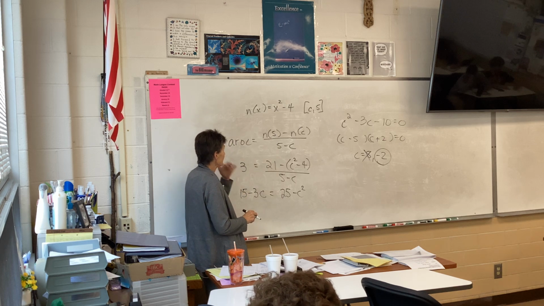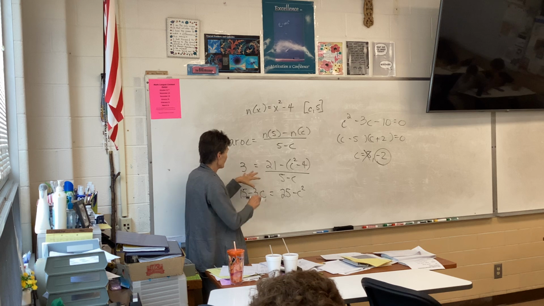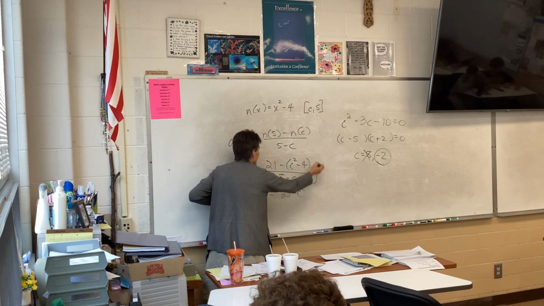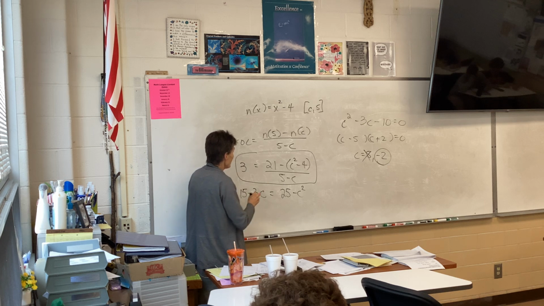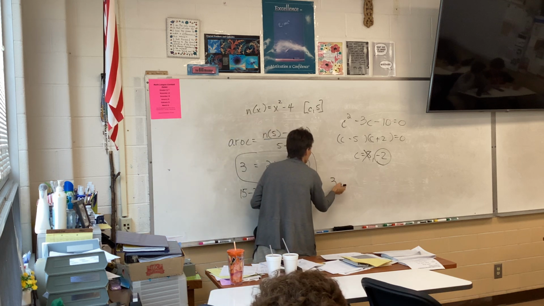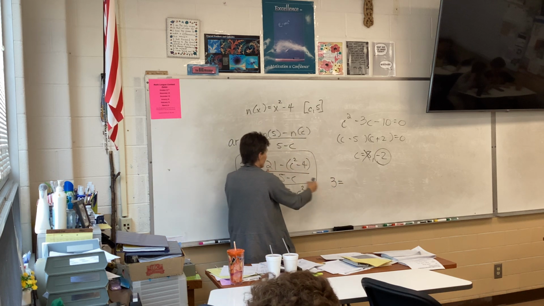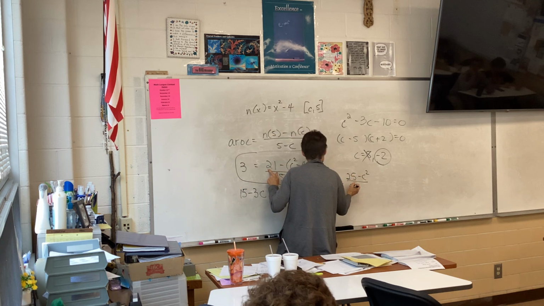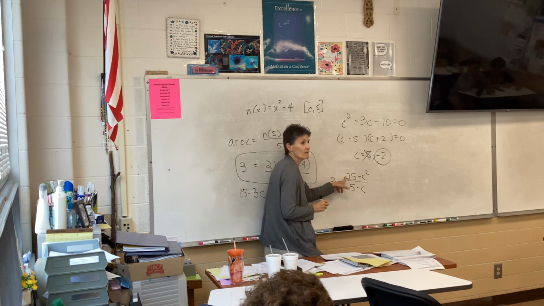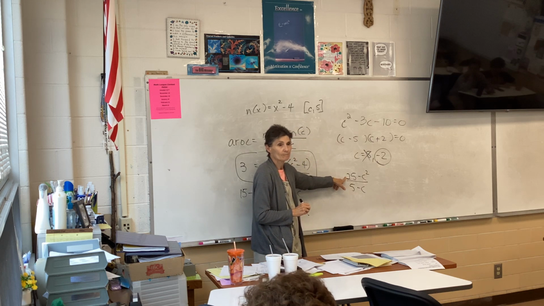Now, I didn't pay close enough attention. Back at this point right here, I just jumped in and said, okay, I'm going to solve this, get it set equal to 0. But if I would have cleaned up that numerator first and gotten 25 minus C squared, what do you notice about 25 minus C squared?